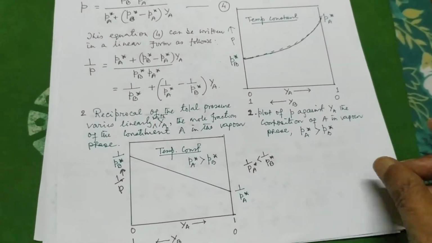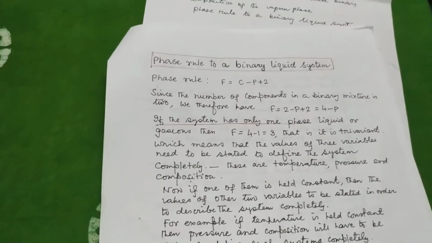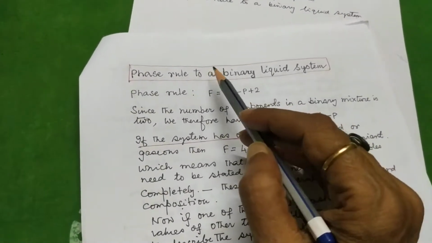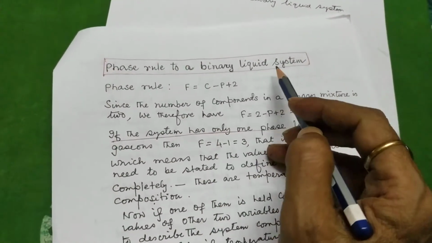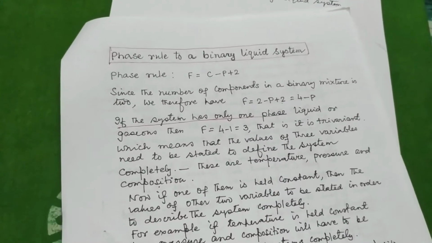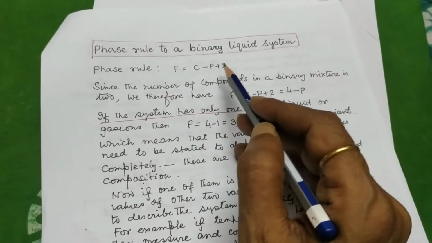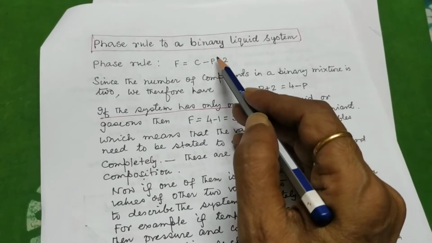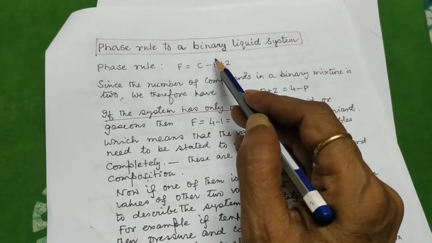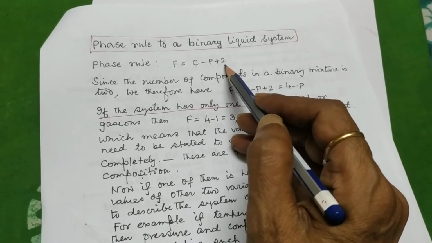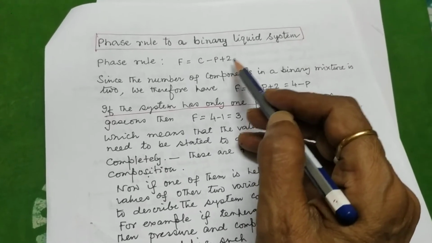Okay. Now we will discuss the phase rule applied to a binary liquid system. We know the phase rule: degrees of freedom F equals C minus P plus 2, where C is the number of components, P is the number of phases, and 2 is for the two additional factors, temperature and pressure.